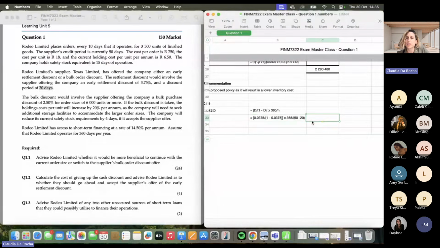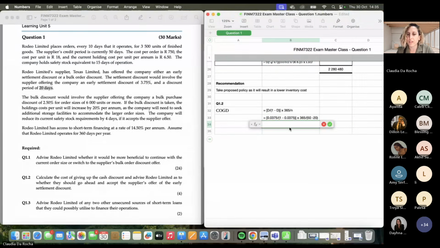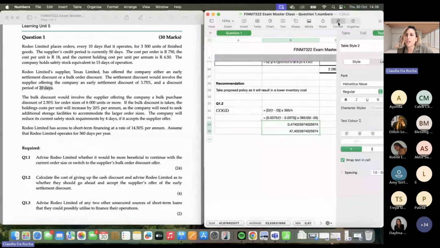If we compute it properly, the value we get is 0.4474, or as a percentage, 44.74%.